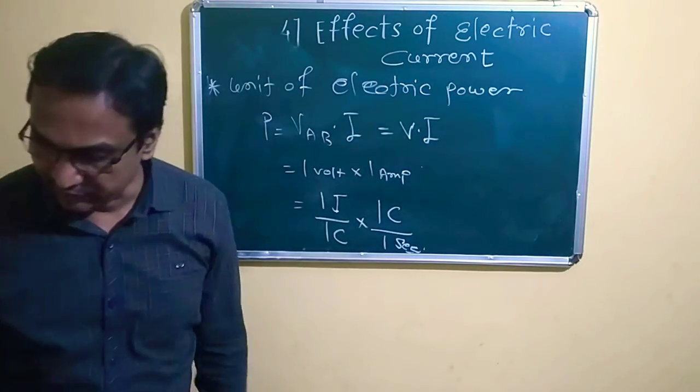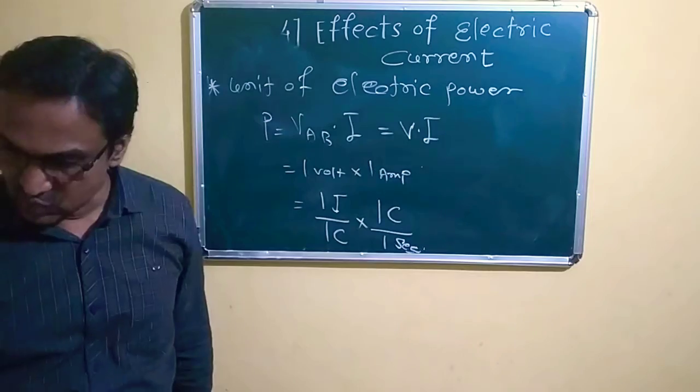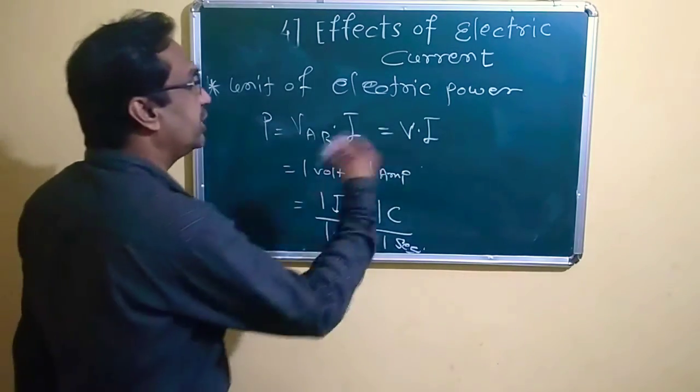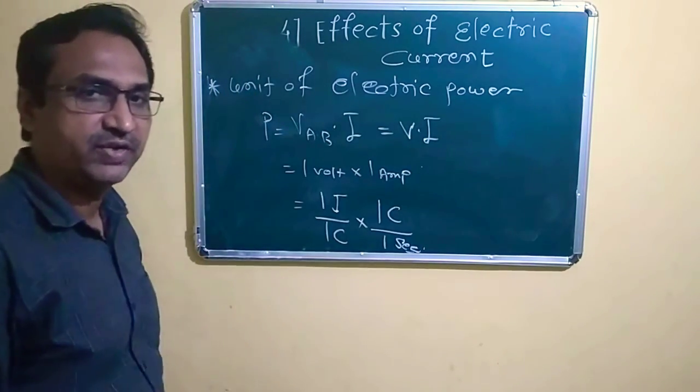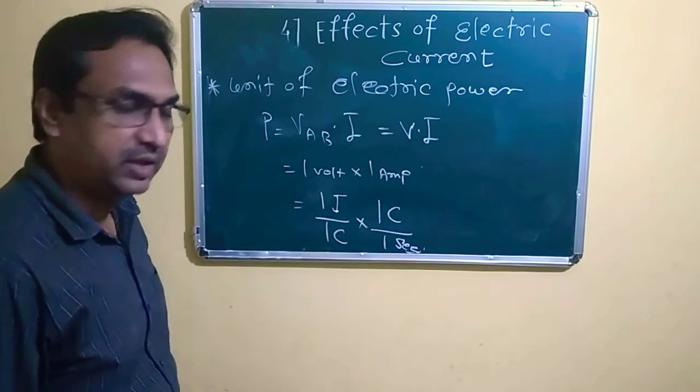VAB into I means volt into ampere. Voltage, the potential difference, is measured in volt and current in ampere.